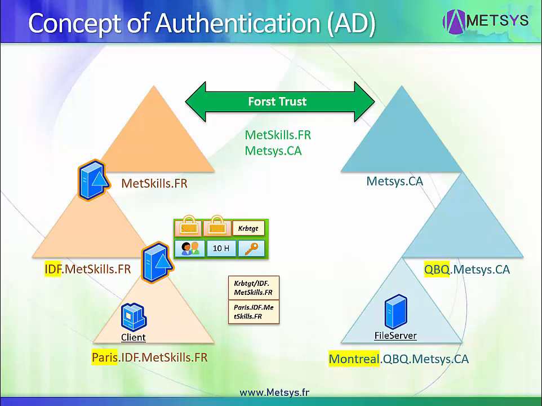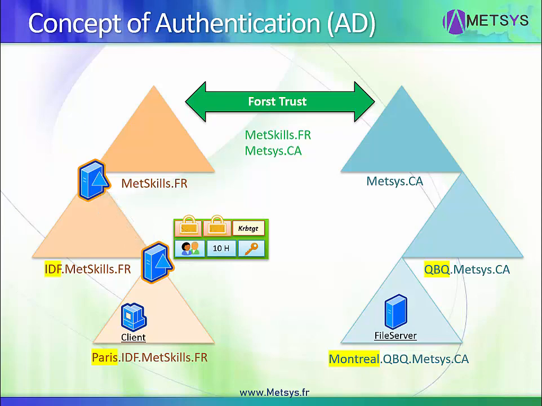refer to another domain. So this packet will need to be encrypted, but a key is always needed in order to encrypt the entire packet. In that case, the KDC of the Paris domain and the KDC of the IDF domain need to have a key which is shared between them in order to encrypt and decrypt this packet. As we know, there is a trust between these two domains.